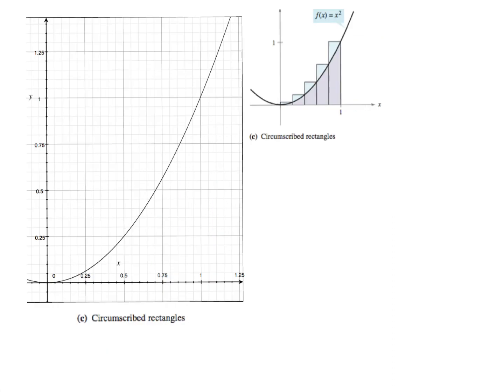Now, let's work with circumscribed. Before we do anything, is this going to be an over or under approximation? It's an over. Now, is this an RRAM or an LRAM? This is an RRAM. It's going from the right. Now, what's my width again? It's 0.2. The way we do it again is this b minus a over n. So we got 1 minus 0 over 5.